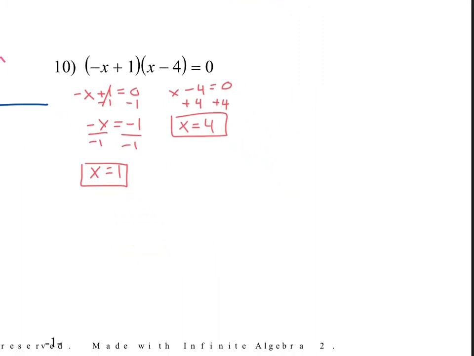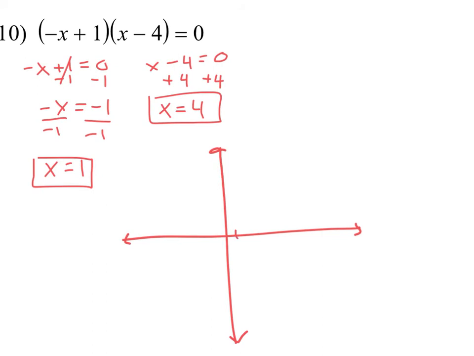We need to put them on our graph. Do they go on the x-axis or the y-axis? The x-axis. They're x equal to, so they go on the x-axis. So we're going to go to the right to +4 and +1. So those are our 2 points.